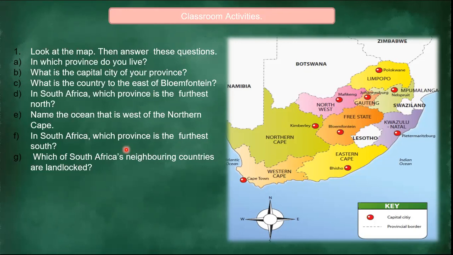A landlocked country is land that is locked within South Africa. It is around South Africa. So the correct answer is Lesotho. Swaziland is further north and it is not locked in by South Africa. The one locked in South Africa is the one and only Lesotho.